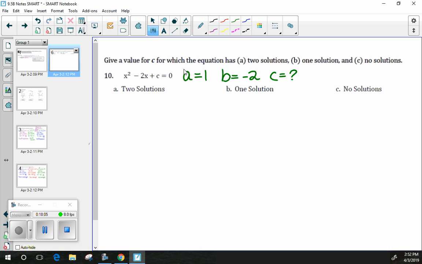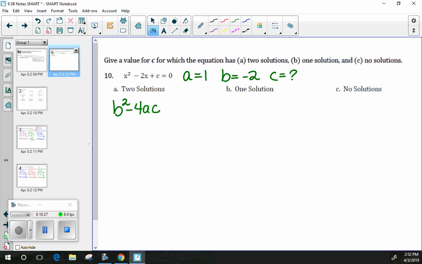Also, if we're not fully solving, we just want to know about how many solutions, then which little formula should we use that we just learned? The discriminant, right? So I know that this discriminant right here would be kind of the guide here to decide how many solutions this is going to have.